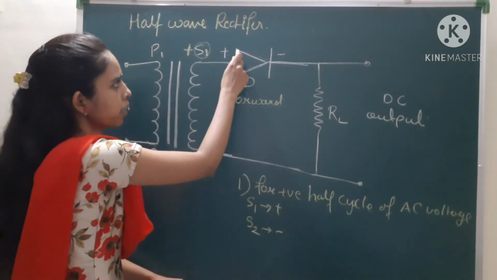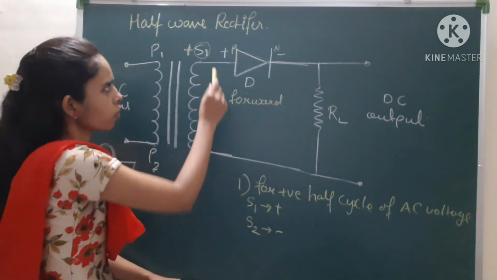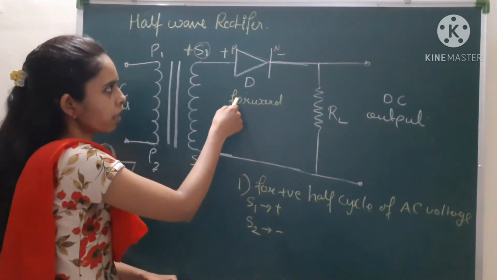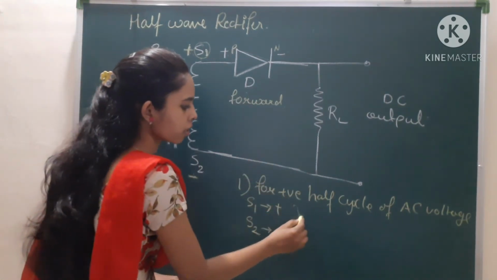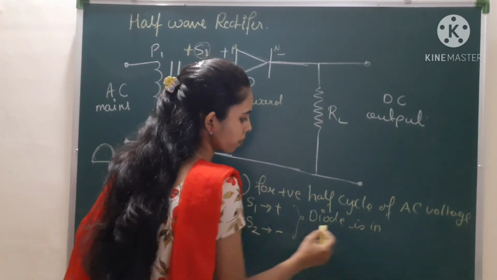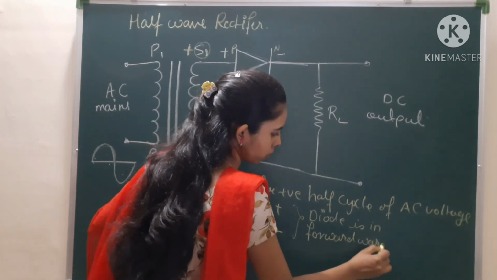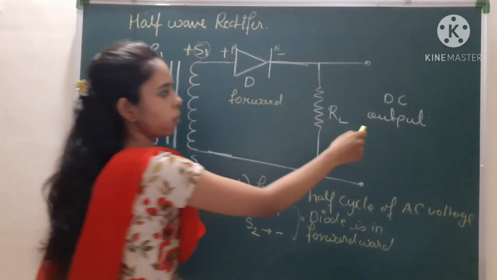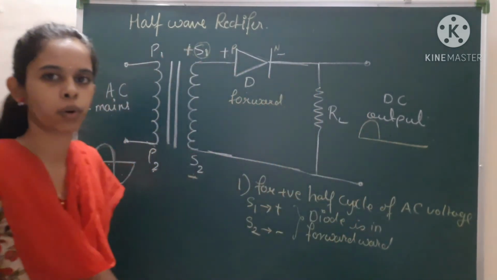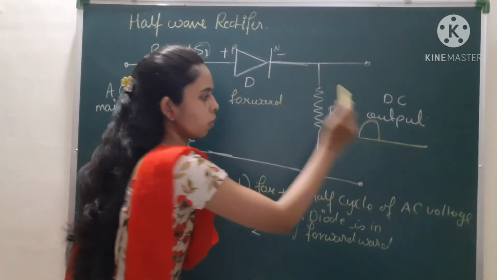Since S1 is connected to the P type region and S2 to the N type region, P is positive and the other side is negative, therefore it will become forward bias. So the diode is in forward bias mode, and at the output we will get one cycle over here.